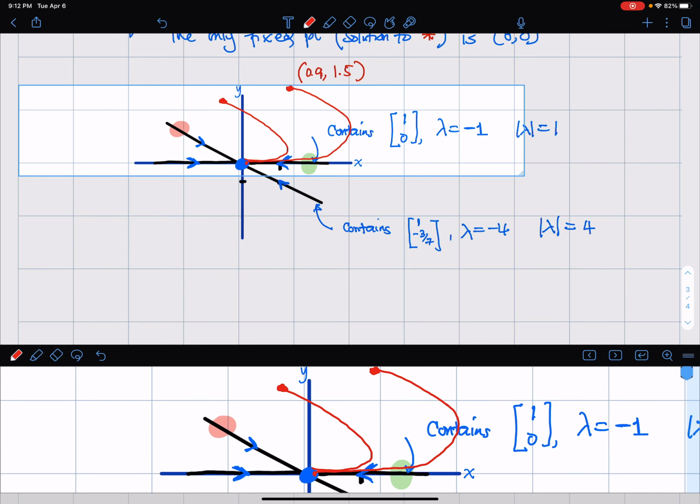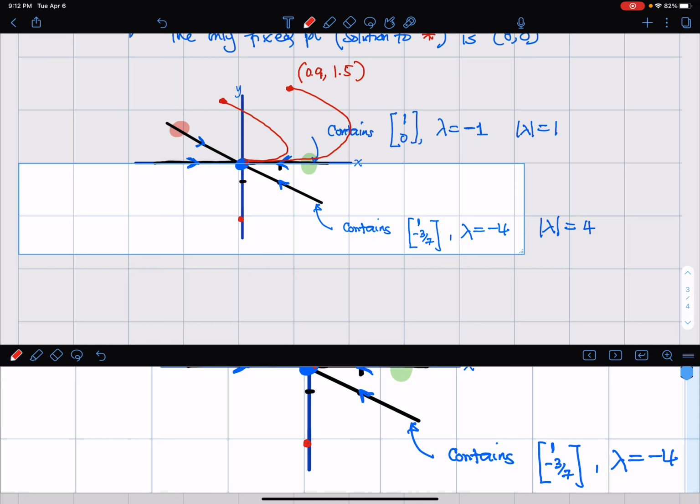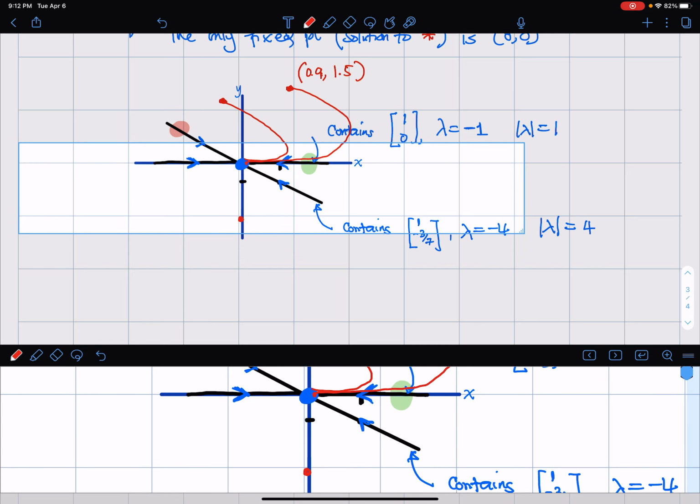The same thing over here: if I start here, I'm going to try to be parallel to the eigenvector 1, -3/7, because 4 has the larger magnitude, and then become asymptotic to the other eigenvector.